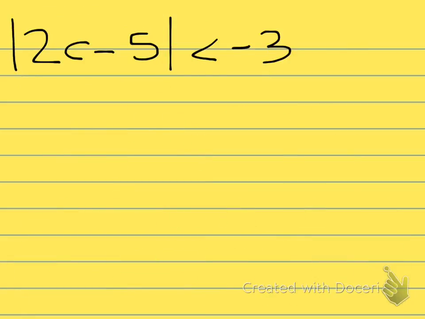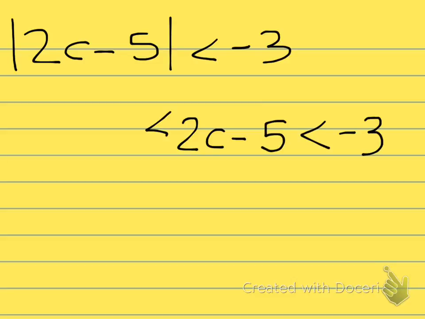Here we also have a less than symbol, so again this is going to be an and problem, so I'm going to set it up before I solve as an and. I copy it just how it is, and then on the other side I put the opposite symbol and the opposite sign of the number, and then I need to solve. Oops. This one I didn't catch.